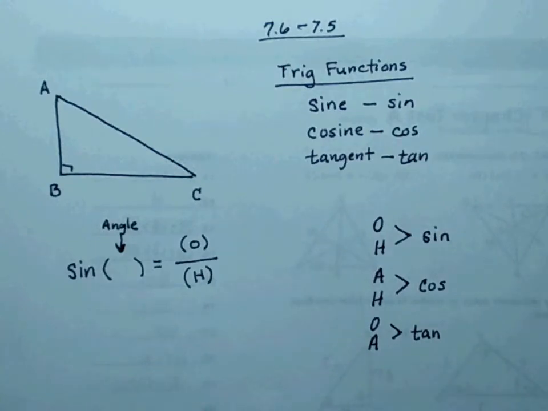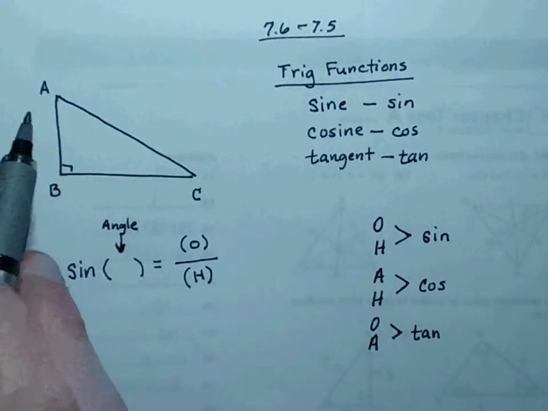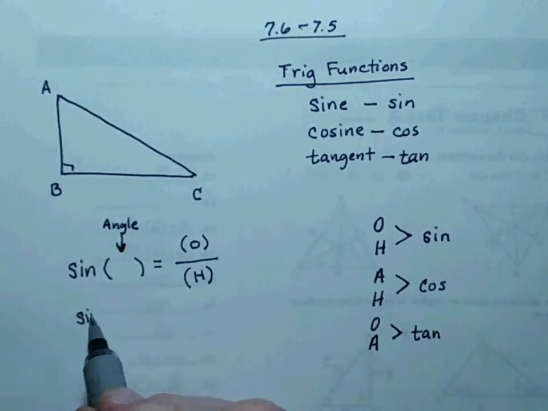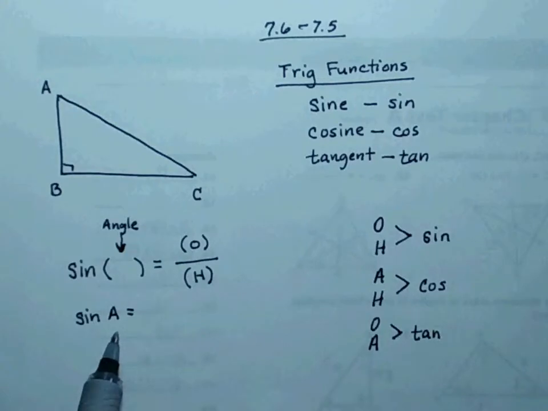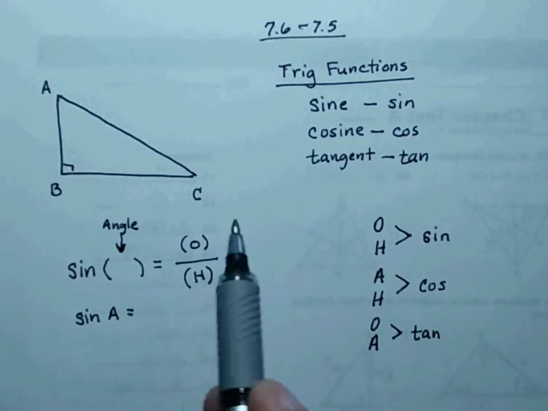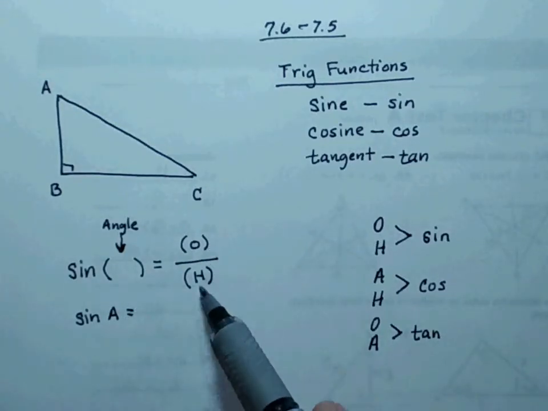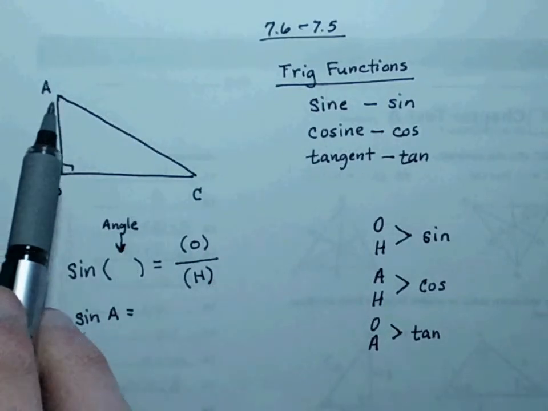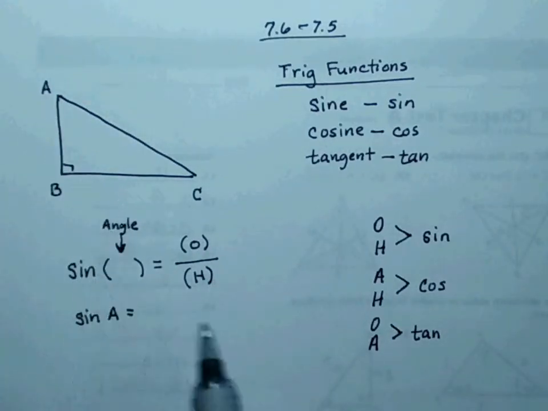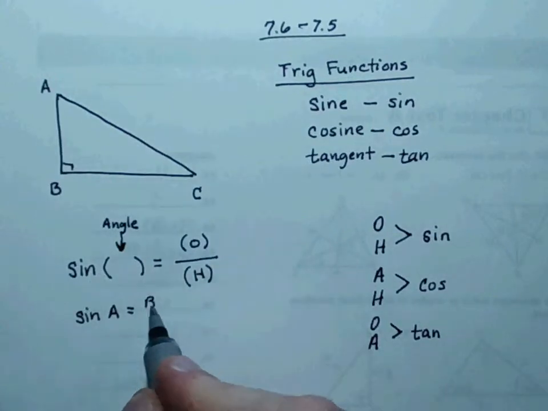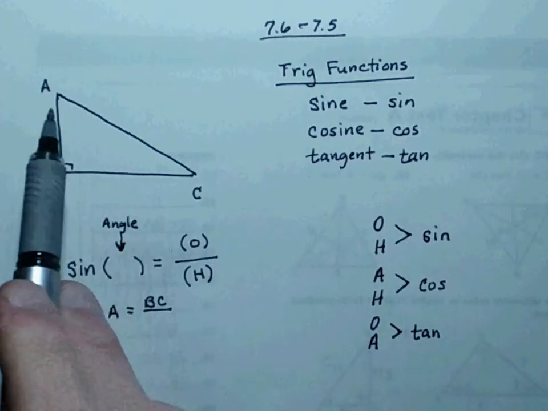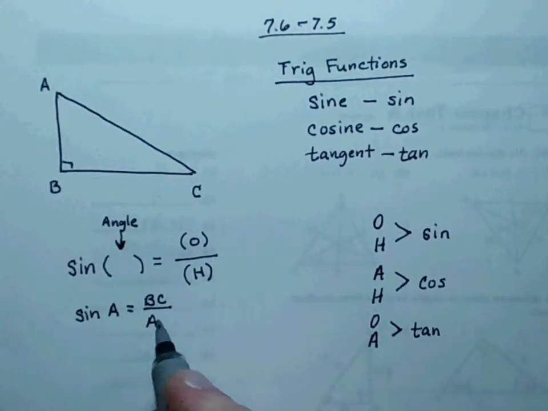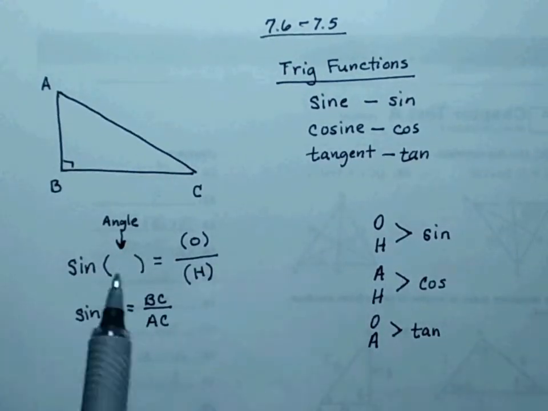So if I'm going to take the sine of angle A, it's going to equal the opposite side over the hypotenuse. In this case, we said the opposite side from angle A is BC, and the hypotenuse is AC. So the sine of angle A is BC over AC.